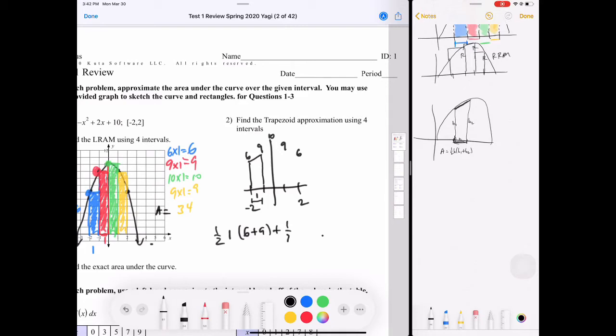Plus 1/2, 1 again, because the next value is going to be also 1. But the heights here are 9 and 10. Plus, sorry, I'm running out of space. Plus 1/2, 1 again. We're keeping our same distance. That's 1 over here. That's 1, right? Our heights are not 10 this time. 10 plus 9 plus 1/2, 1, and our last one is 9 and 6.